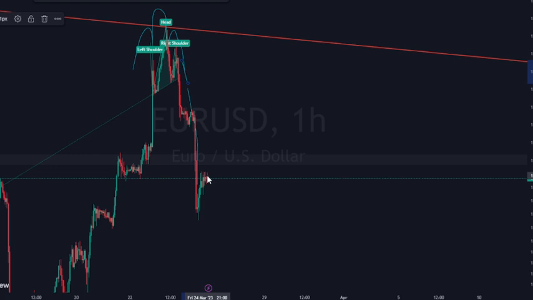And as you can see, price is almost at the zone. So if price retests here, obviously I'm going to look for those sell entries to the downside, or price might give us a pattern.